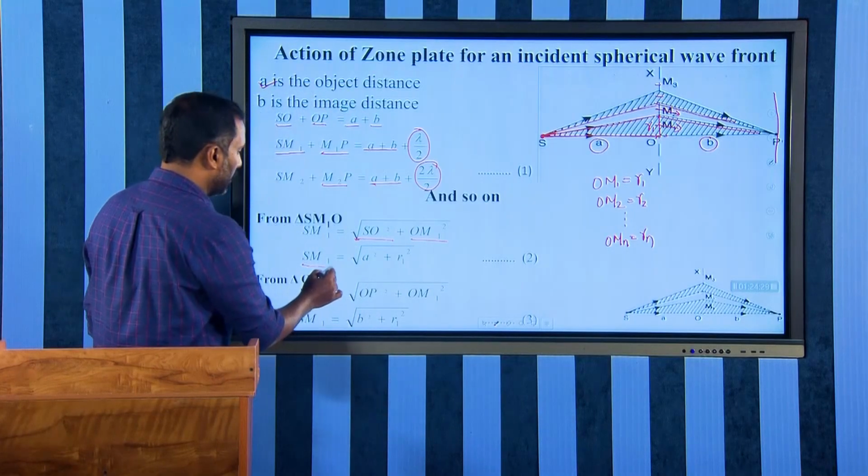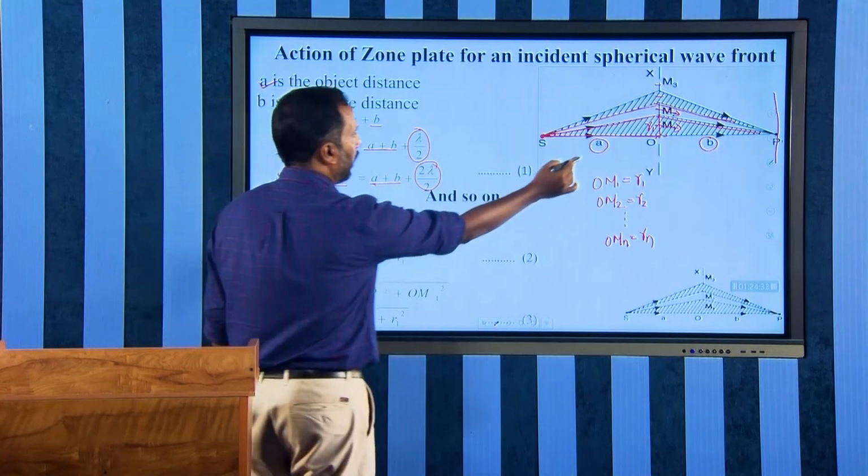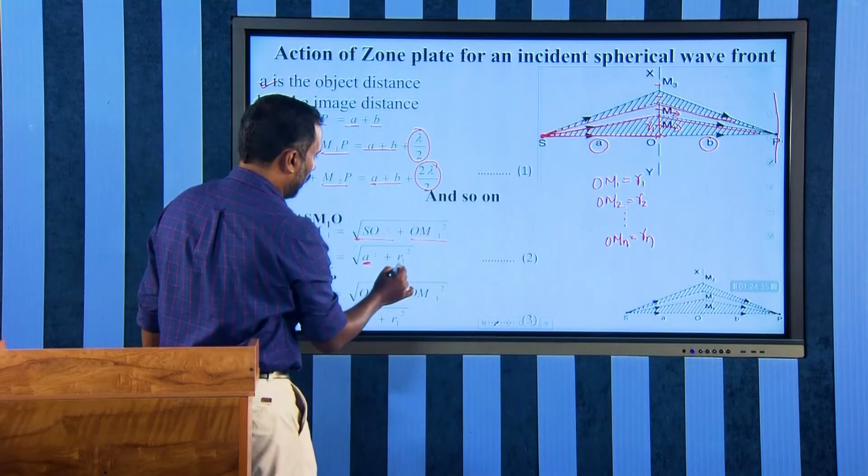So, SM1 is equal to the square root of A square plus R1 square.